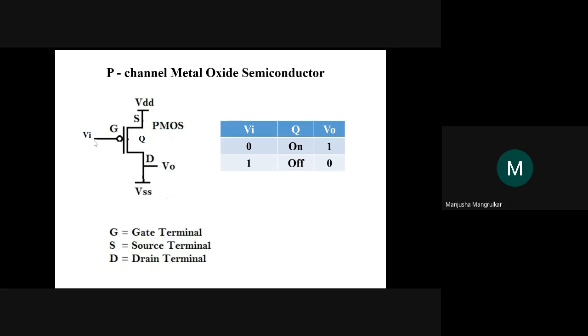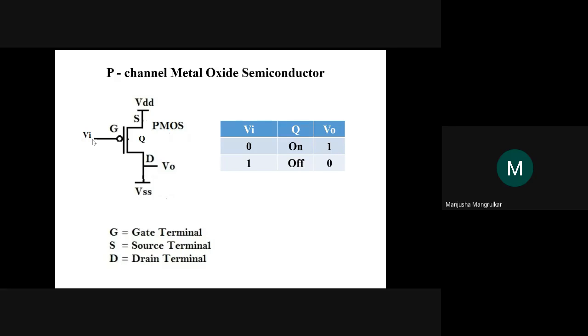So if your input is 0, that time your transistor Q is on and your output is directly connected to the source, that is VDD. So the output is 0. Output is 1, sorry. So if your input is 0, that time your output is 1. So the input is 0, your transistor is on and your output voltage is 1, right?